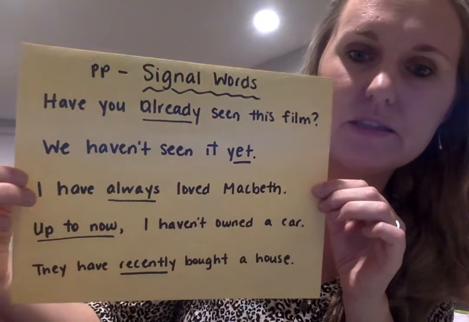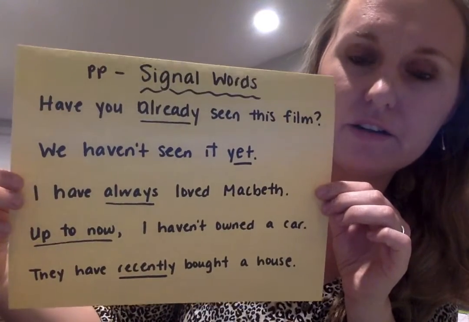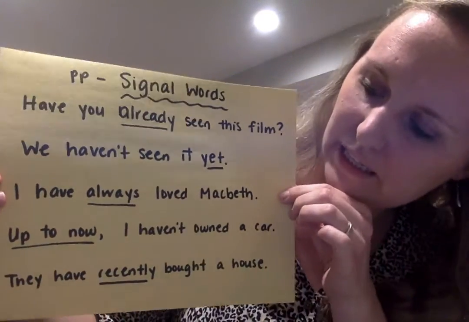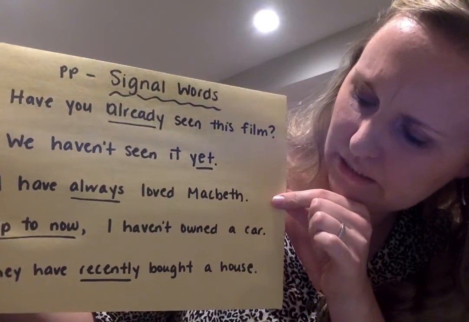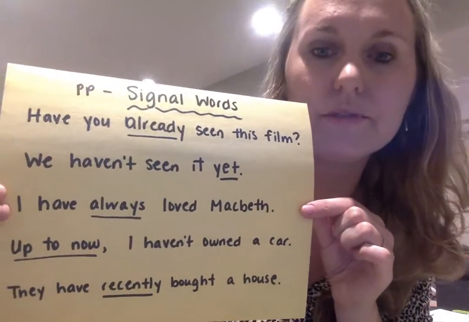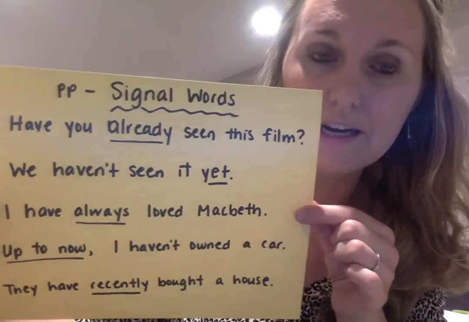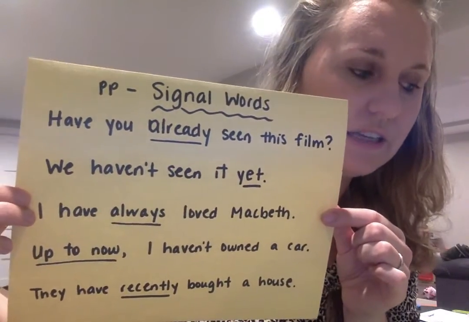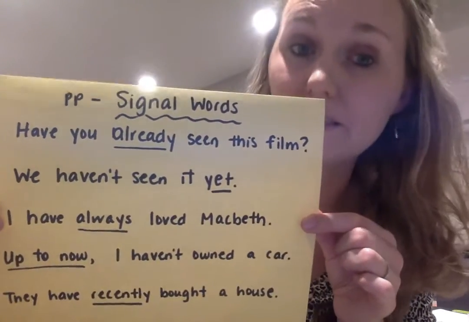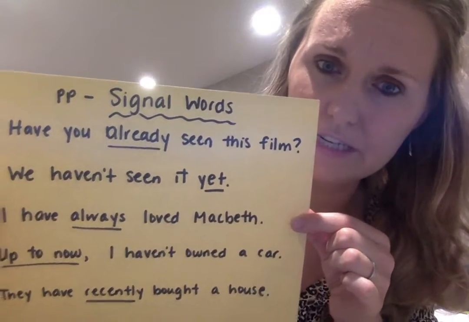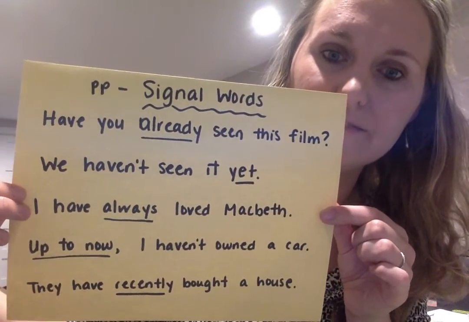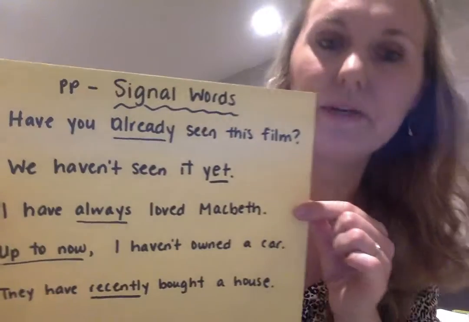Up to now is the signal phrase here that would indicate present perfect. And lastly, they have recently bought a house. So that word recently, it started at some point in the past. Maybe it was recently completed. It has implications for now. So have bought, right? And so some signal words there.